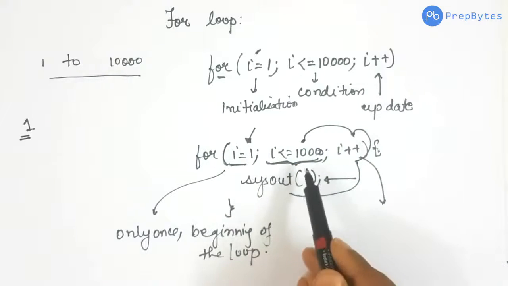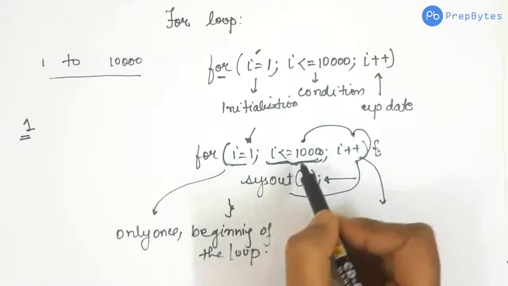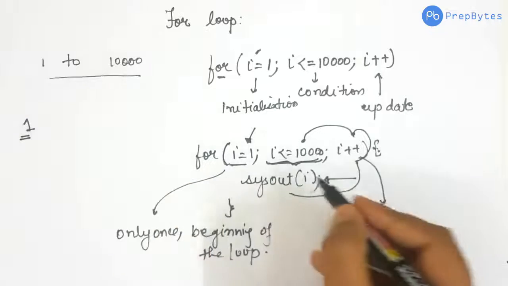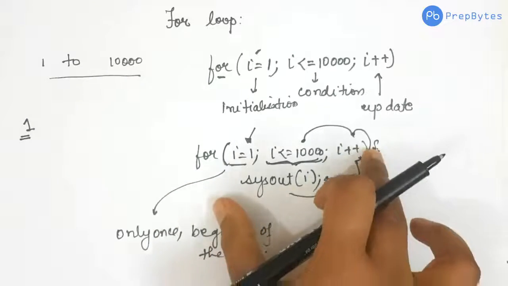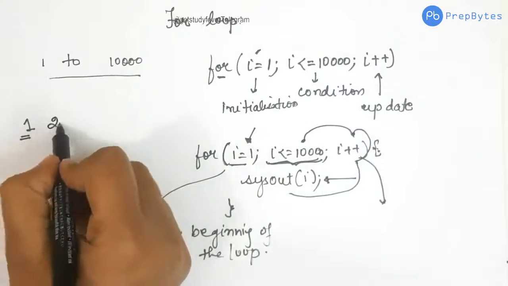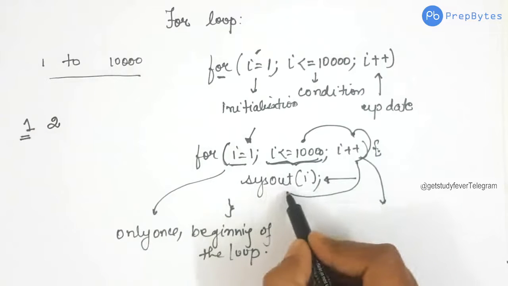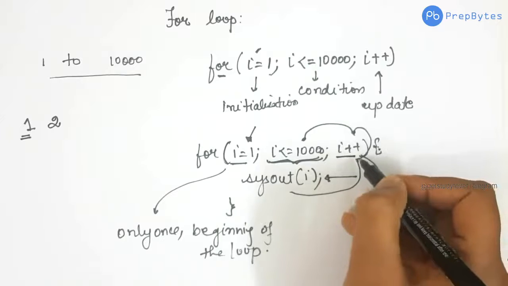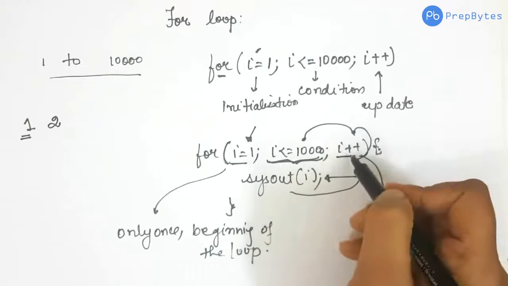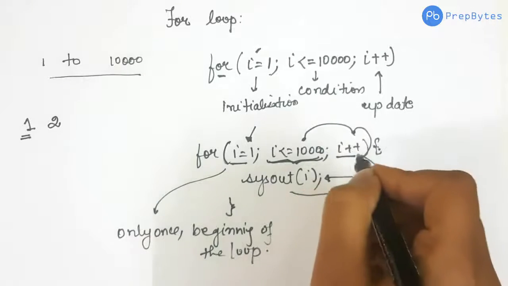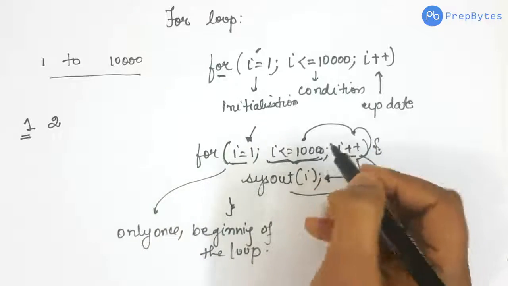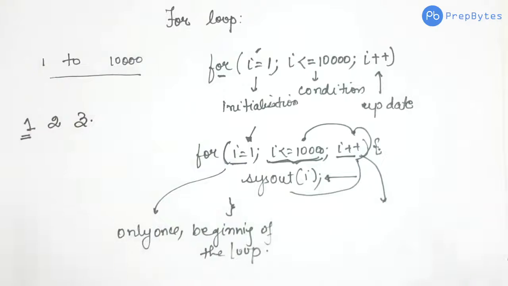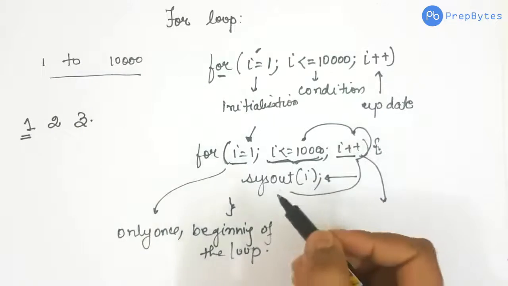We check the condition: since i is incremented, is it still less than or equal to 10,000? Yes, it is. So we come back here, the body of the loop gets executed, 2 gets printed. Again after 2 gets printed, we come back to the increment statement. Now i gets incremented to 3, the condition is checked, and 3 gets printed. So this is how the control goes on.